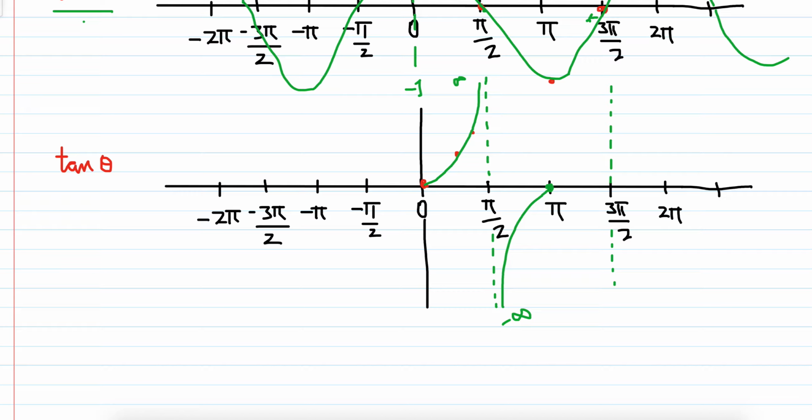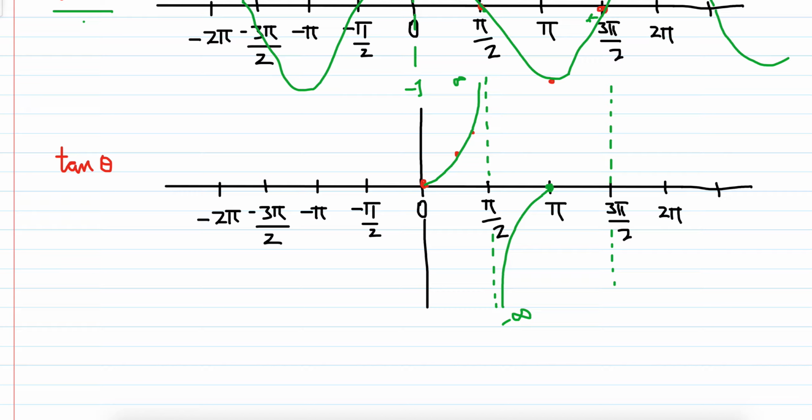So let this be our y axis, and this is 1, and here it's minus 1. So pi by 2 is 1, pi is again 0, 3 pi by 2 is minus 1, and 2 pi is 0.